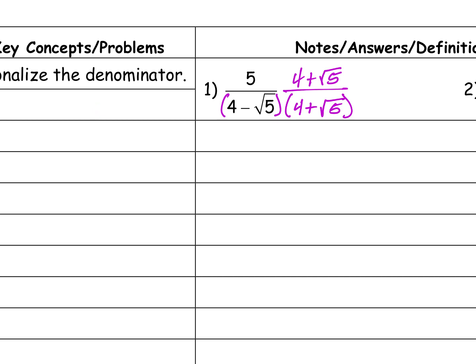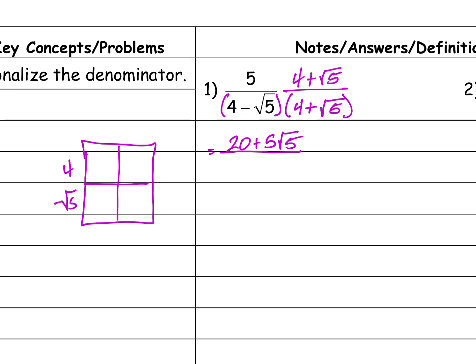I'm going to distribute through the top, and what do I get on the top? 5 times 4 is 20 plus 5 square root 5 in my numerator. And then in my denominator, I'm going to multiply by 4 minus the square root of 5 and 4 plus the square root of 5.